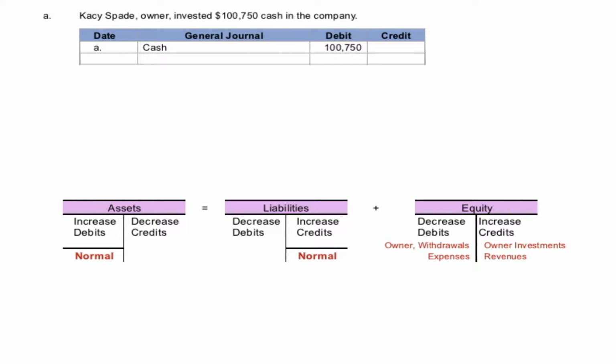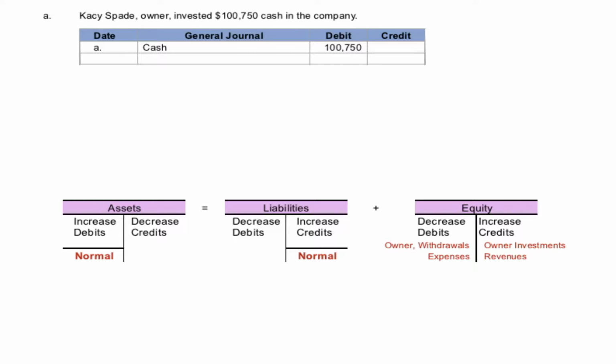So I know debits and credits are really confusing when you look at them in the abstract, but the whole purpose of debits and credits, the reason that they exist in the way that they do, can be seen as we're doing each of these journal entries by remembering what needs to happen with the basic accounting equation, and then just analyzing what's actually happening with each of these components.